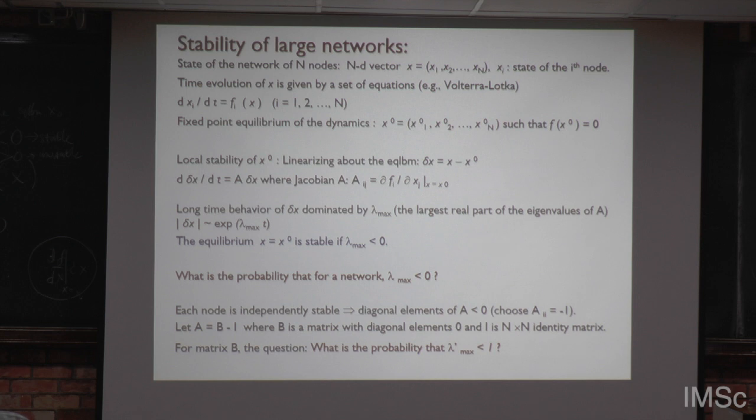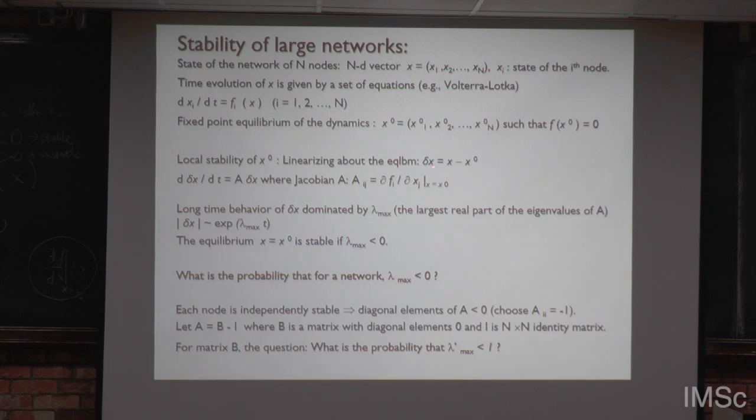Now, suppose you're interested in the fixed point equilibrium of the dynamics. Then you can solve for these equilibria by setting each of these f's to 0, and by doing that you can get each of the equilibria, which I represent as simply x naught. Now, as before, the local stability of x naught can be obtained by linearizing about this equilibrium.